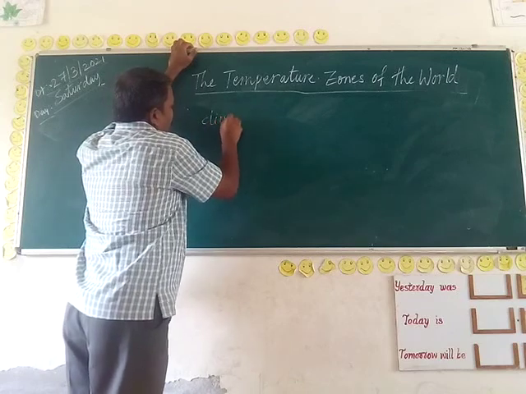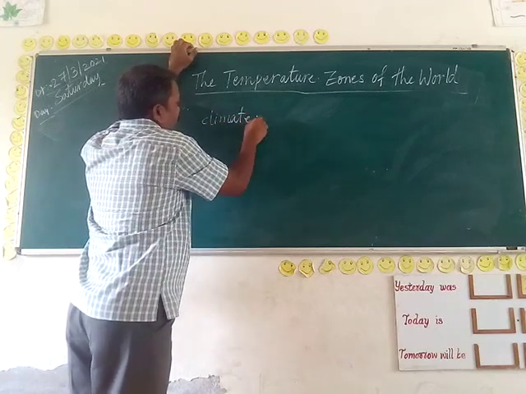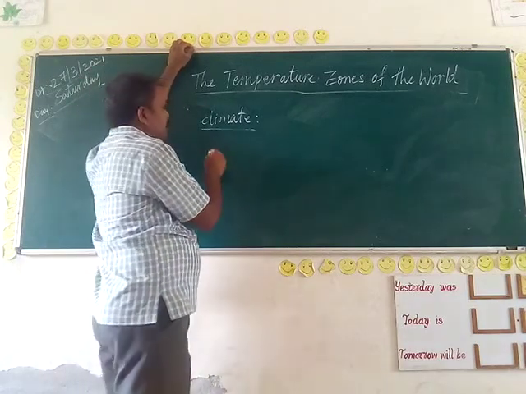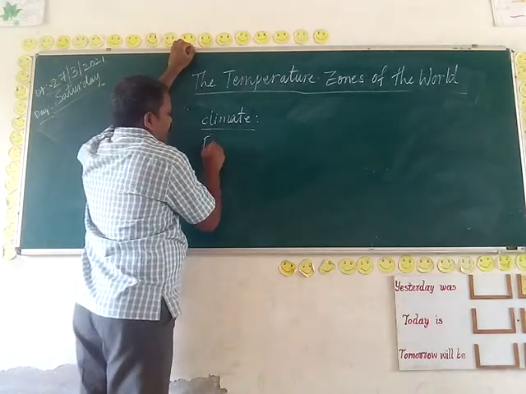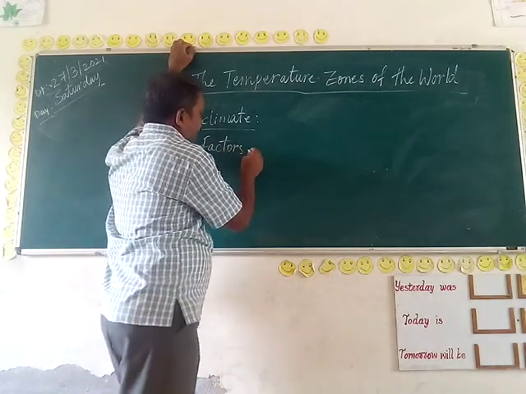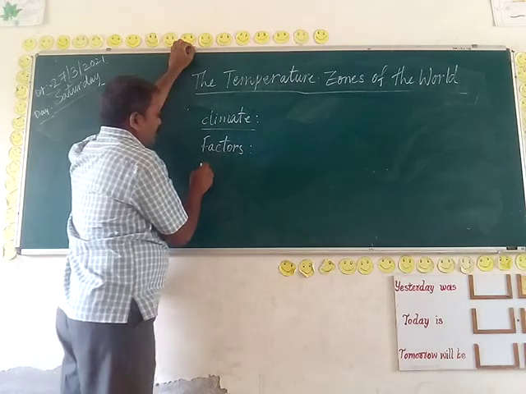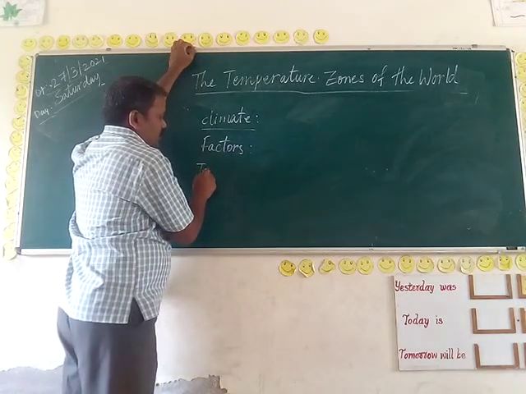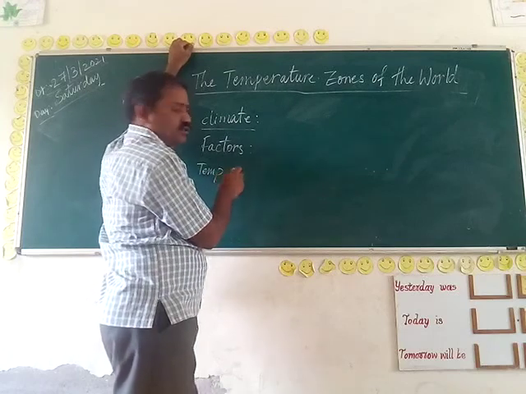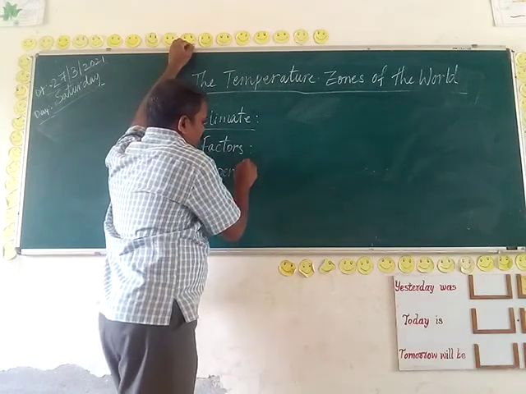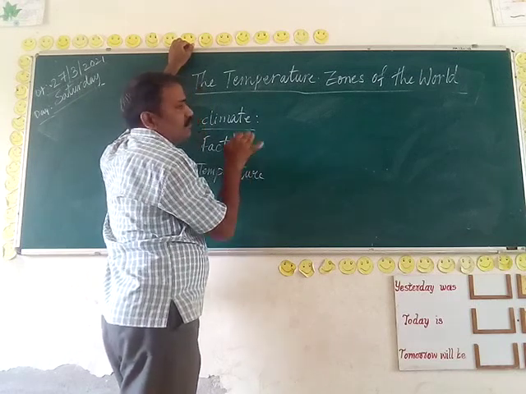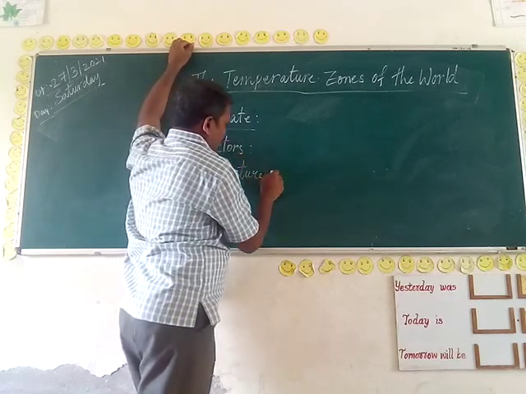We will learn what the climate is, and what the factors are that influence the climate. Then third one, temperature zones. What are the different temperature zones? These three things we will learn from this lesson.